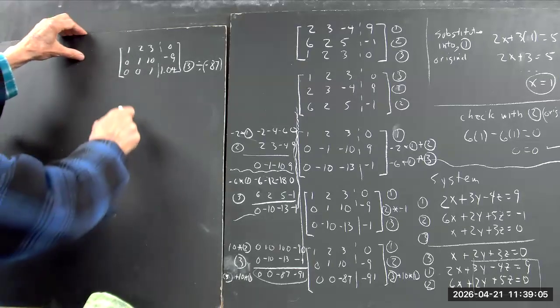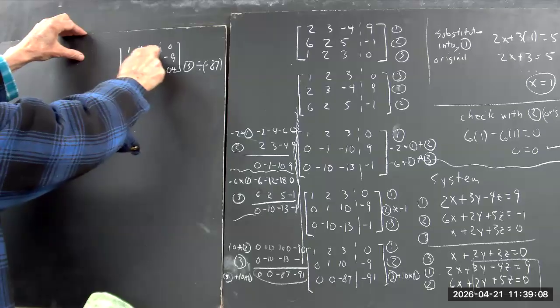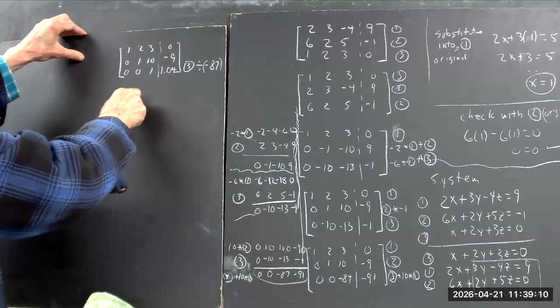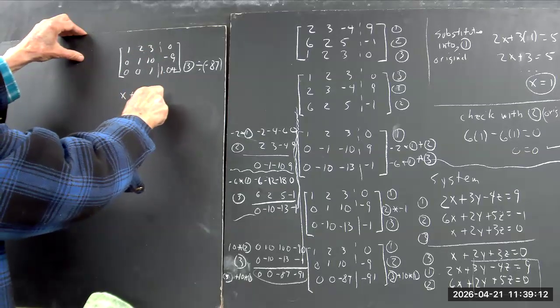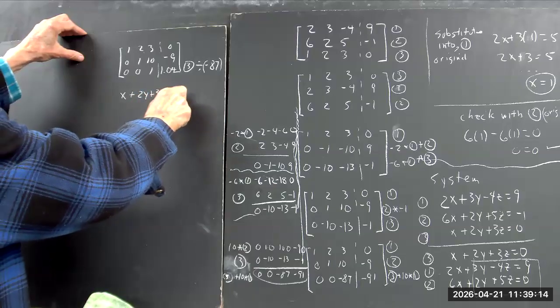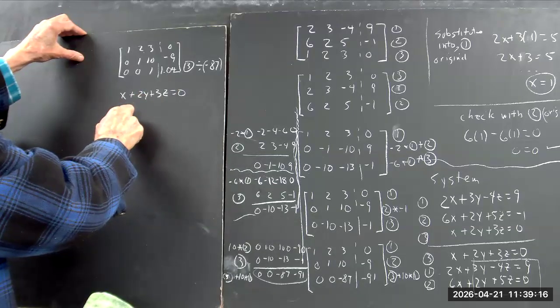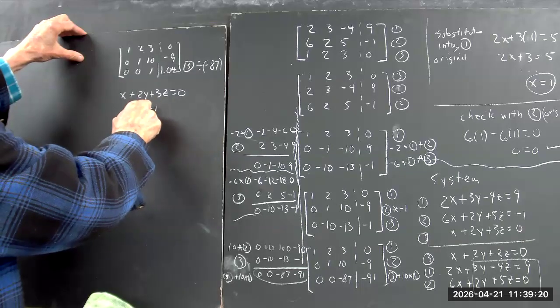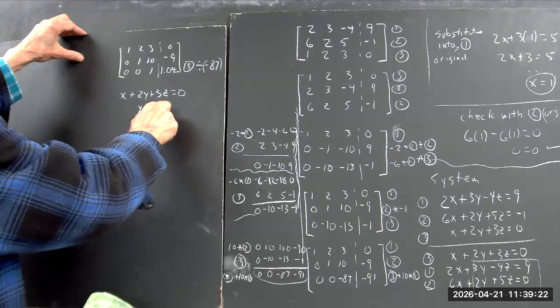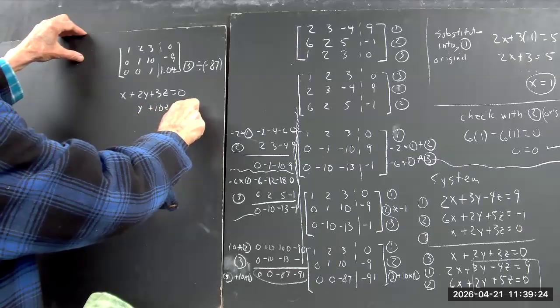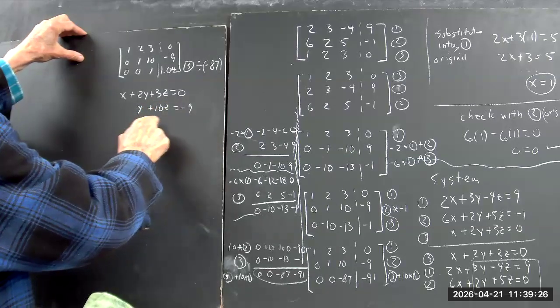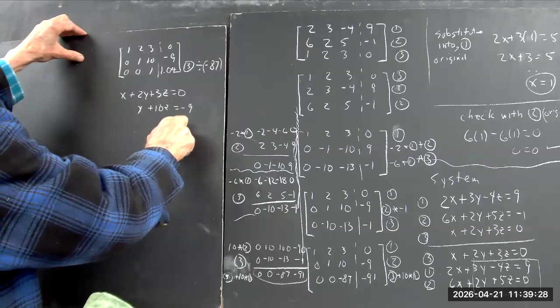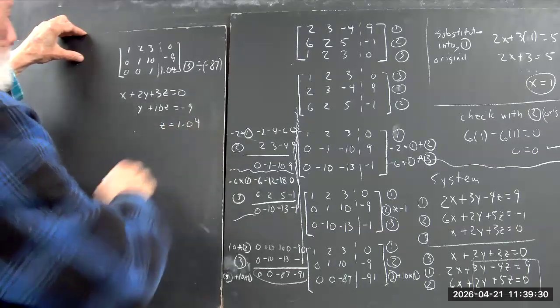Now this system tells me, first row tells me that x plus 2y plus 3z equals 0. That y plus 10z equals negative 9, and that z equals 1.04.